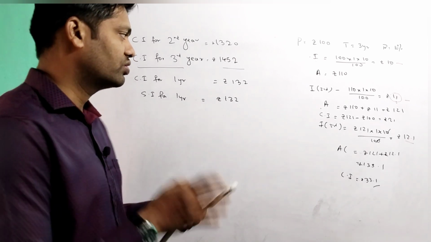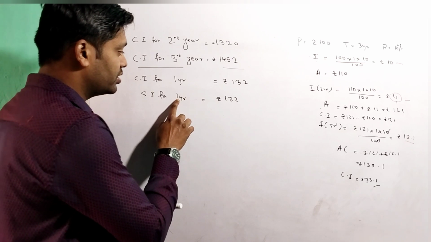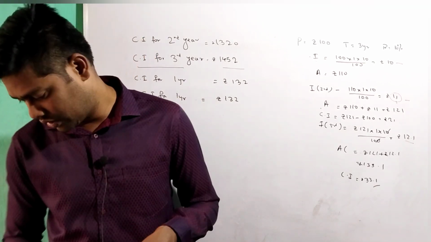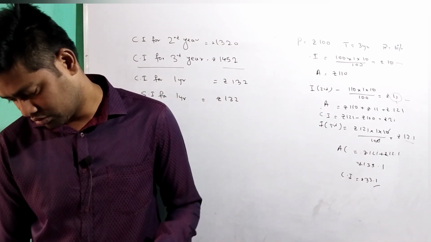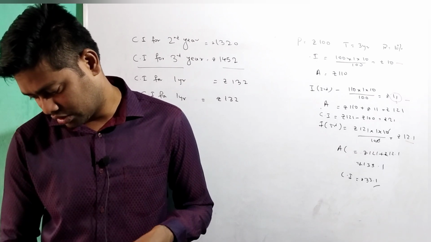Just concentrate right over here. So simple interest I am getting for 1 year. I got time also, 1 year. Simple interest is also there. So I have to find out the rate. The question is to find out the rate on a certain sum and the original money.